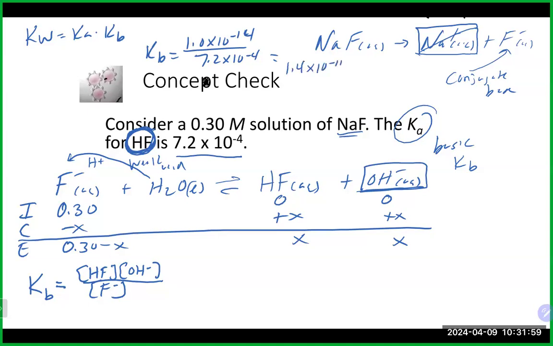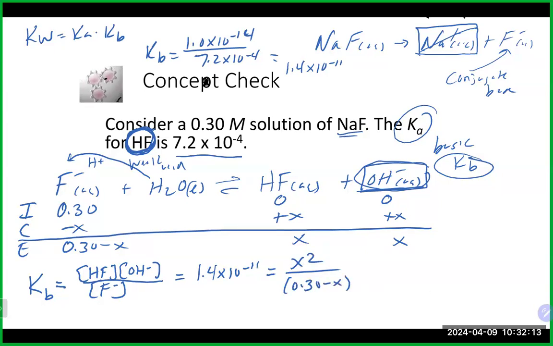So again, why it's really important to write this equation correctly, so we know that we are using the right K value. So that would give us 1.4 times 10 to the minus 11 equals x squared divided by 0.3 minus x. I'm going to assume that x is equal to 0 here. That will then give me x squared divided by 0.3 equals 1.4 times 10 to the minus 11.